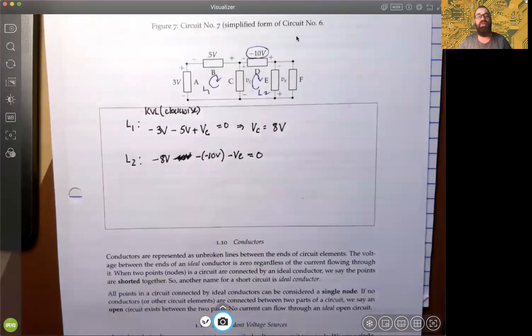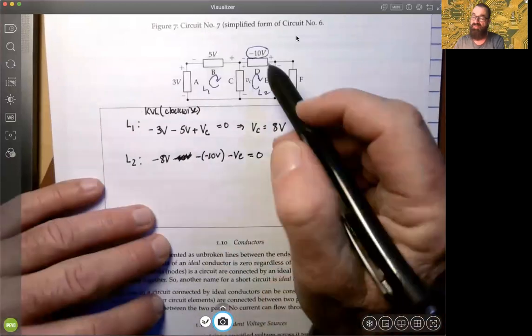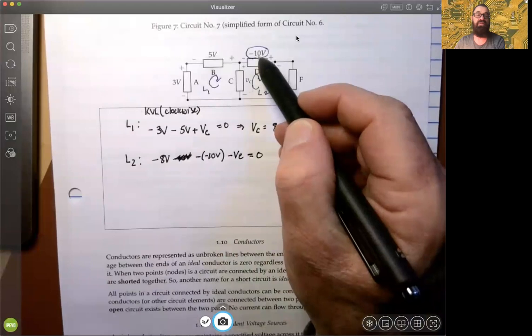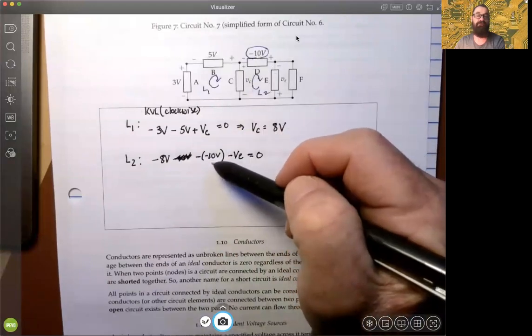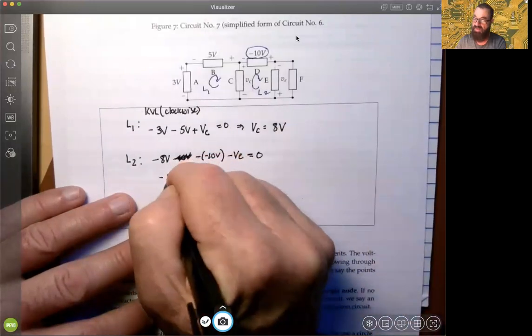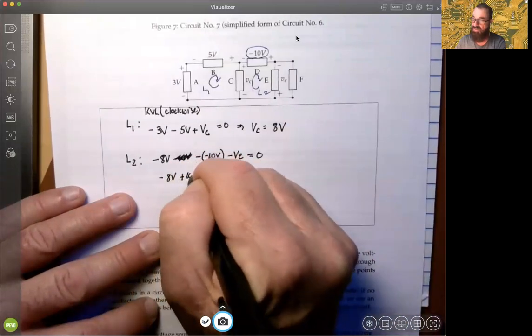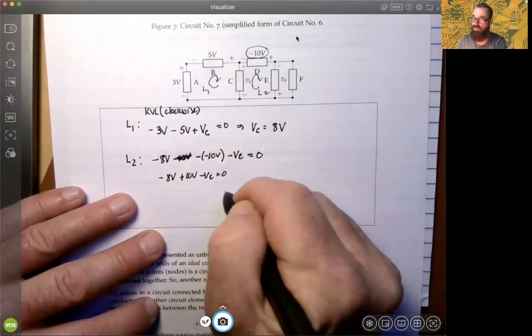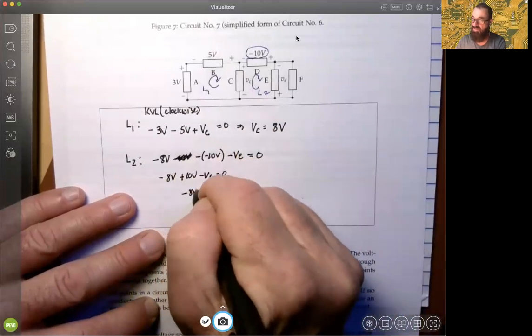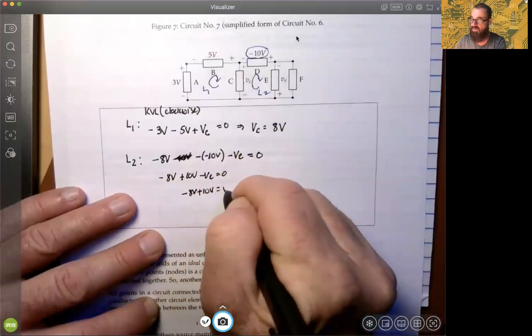So we have to be careful about that. Now, if this had been just a regular plus 10 volts, then we would have had just minus 10V here. But in fact, what we have is minus 8 volts plus 10 volts minus VE equals 0, right? So minus 8 volts plus 10 volts must be equal to VE.